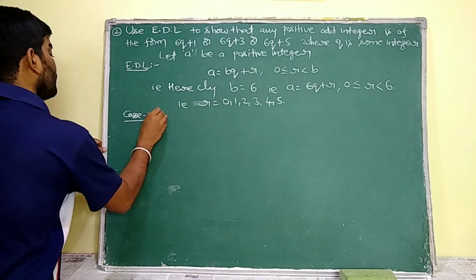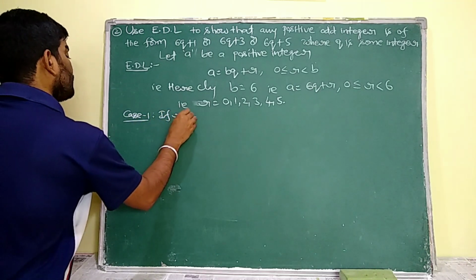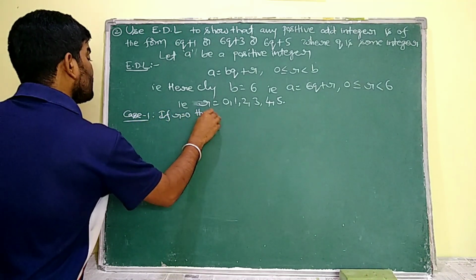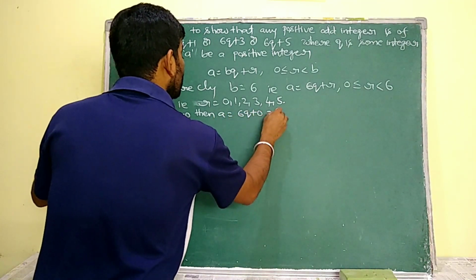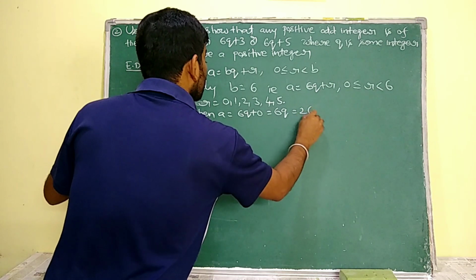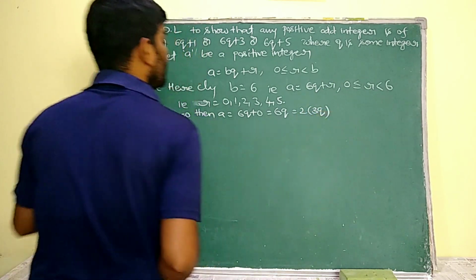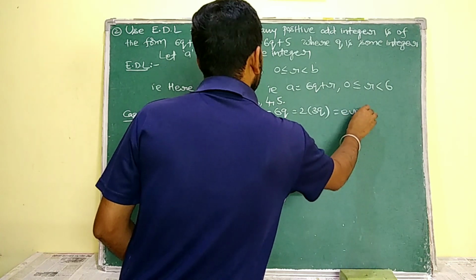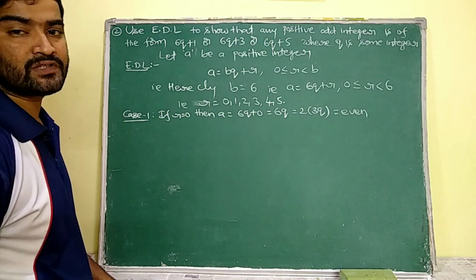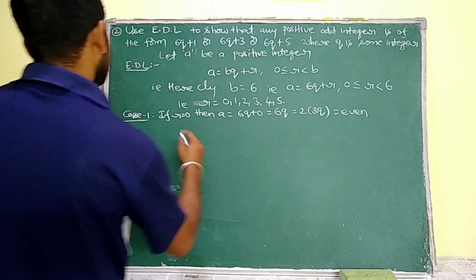Case 1: if R is equal to 0, then A is equal to 6q plus 0, that is equal to 6q. This 6q is expressed as 2 into 3q, so it is even. Why? Because numbers in the form of 2 into something are even.